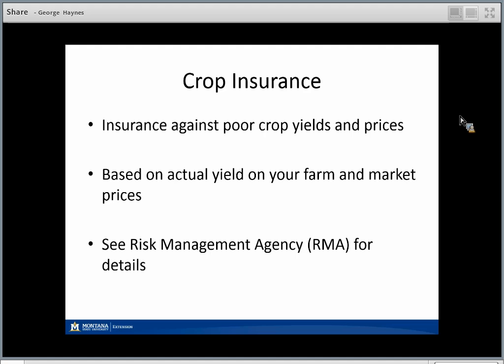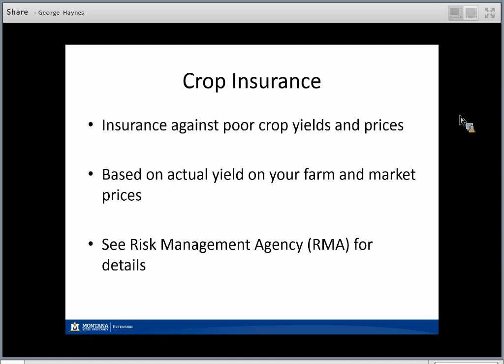We've had poor crop yields and we haven't had very good prices. And so producers that have crop insurance are going to be able to recoup a substantial part of the revenue that they expected from this crop just because they had purchased either yield or price or revenue insurance to help them through more difficult times.